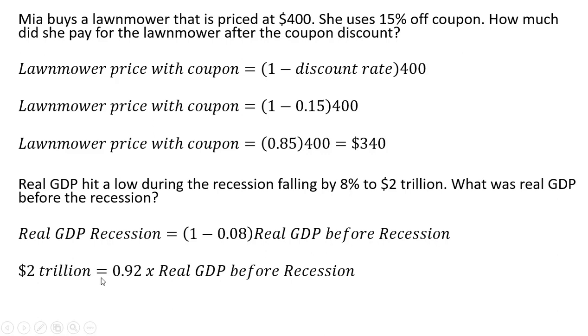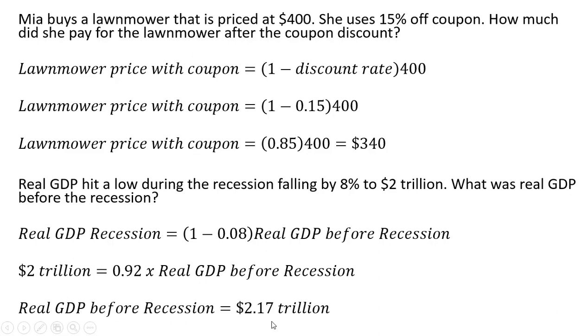During the recession, real GDP is $2 trillion. It fell 8%, so 0.92 times real GDP before the recession, just dividing everything through by 0.92. So dividing everything through by 0.92, real GDP before the recession was $2.17 trillion.